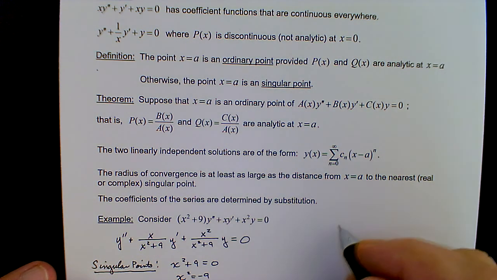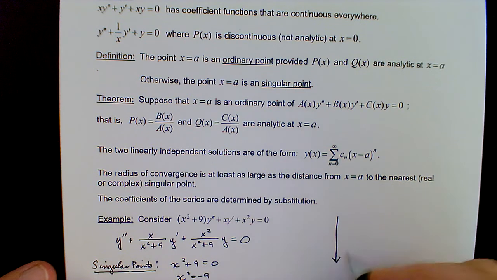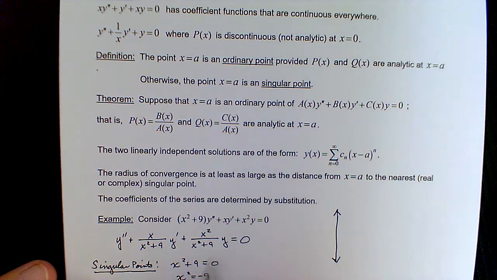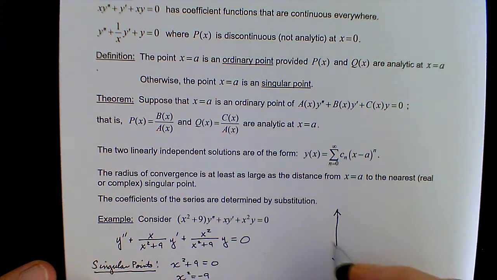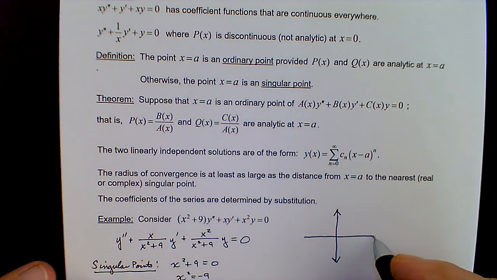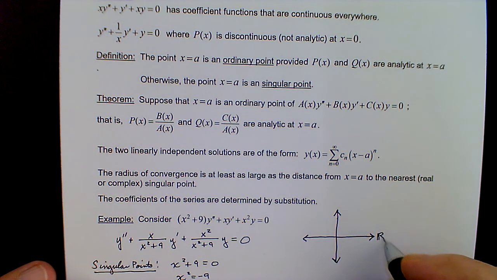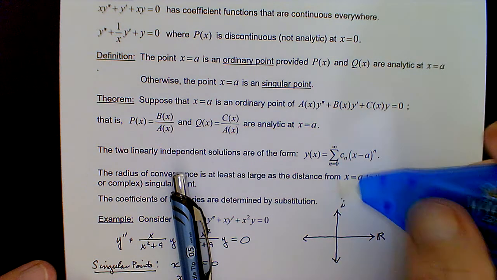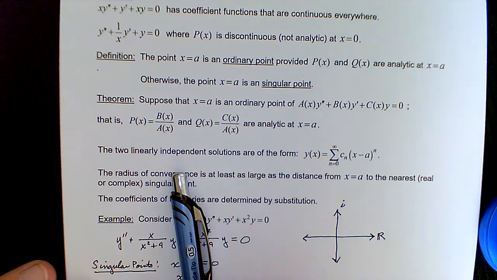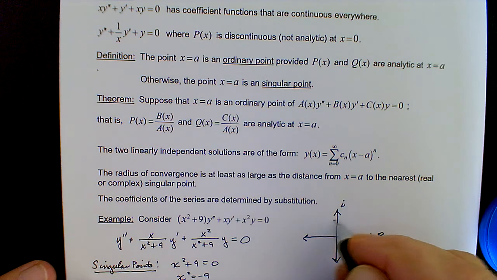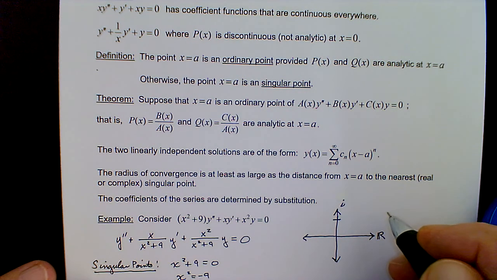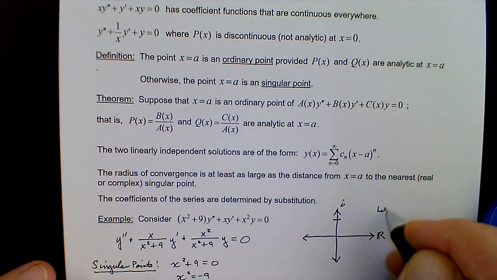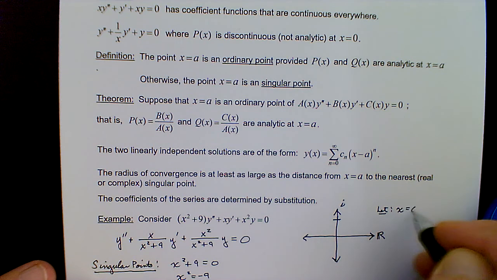So these are the singular points. That means that if you take an ordinary point, something where p and q are defined, you can pick anything you want, as we'll show here. You consider the horizontal axis to be the reals and the vertical axis to be the imaginaries. Then let's say that we let x equals 0 be an ordinary point.